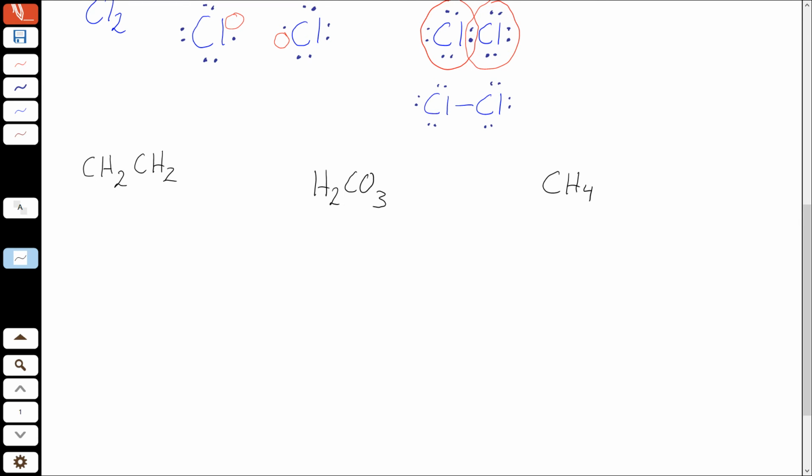Pulling from the recesses of your brain all the stuff you know about Lewis structures from before. Obviously, this is a bit of a jump from just Cl2, but let's see what you got. I'm not going to collect this or anything. Let's see if you can draw some Lewis structures for these. Take a couple minutes, and we'll look at them together.